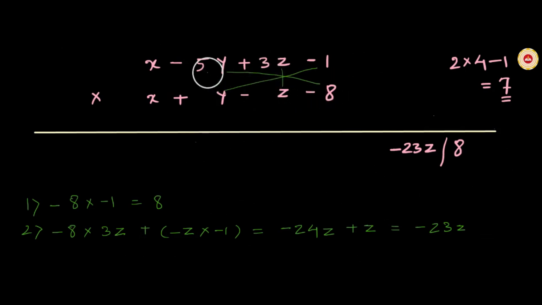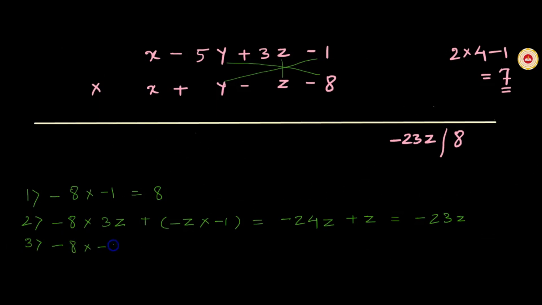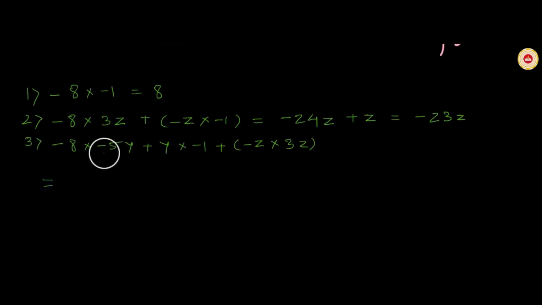Okay, so -8 multiplied by -5y. Third step is -8 multiplied by -5y plus y multiplied by -1, plus -z multiplied by 3z, which is equal to -8 multiplied by -5, that is plus 40, 8 5s are 40, so plus 40y, minus y multiplied by -1, minus y, plus -z multiplied by 3z, that is minus 3z square, which is equal to 40y minus y, 39y, minus 3z square.